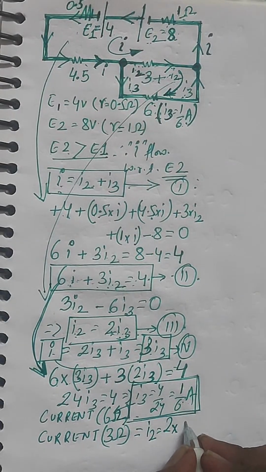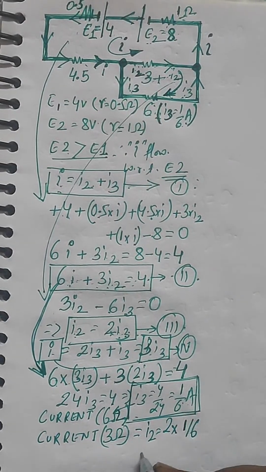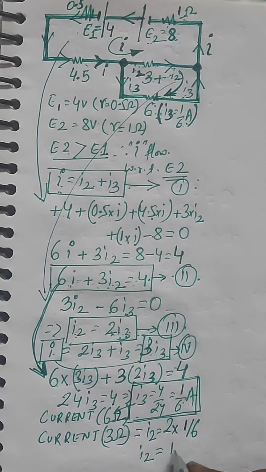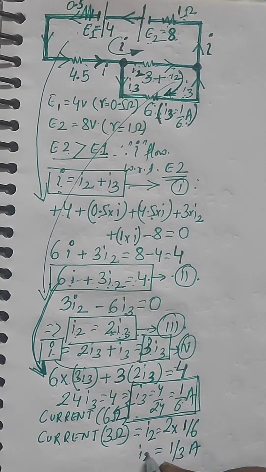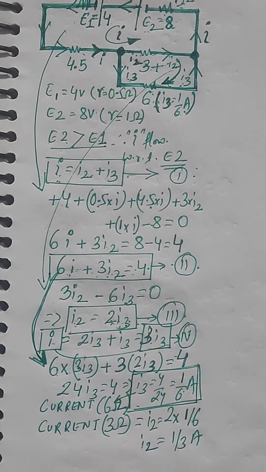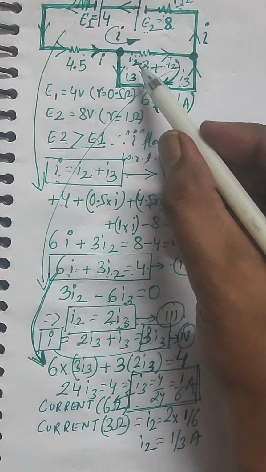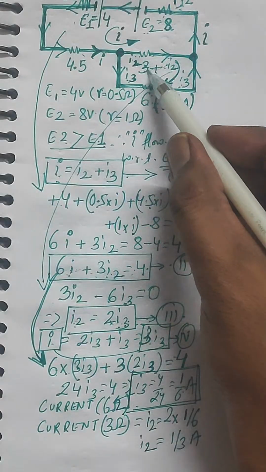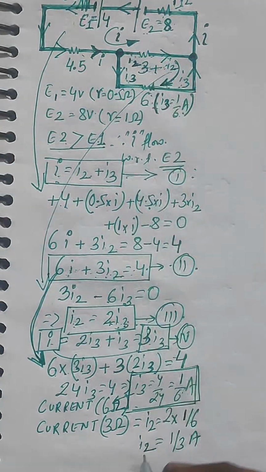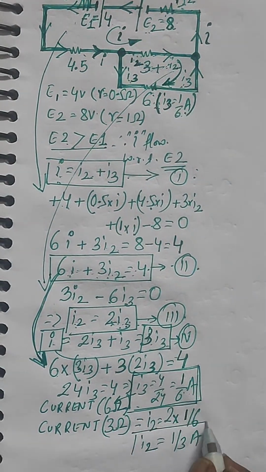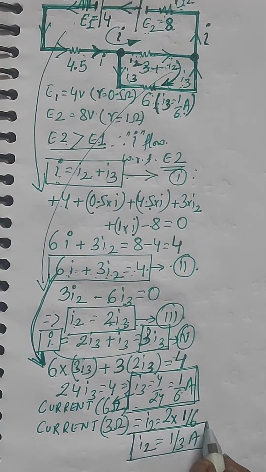I3 is nothing but 1 by 6. So this will give you the value of I2 as 1 by 3 ampere. So the current through this 3 ohm resistance is nothing but 1 by 3 ampere, right?